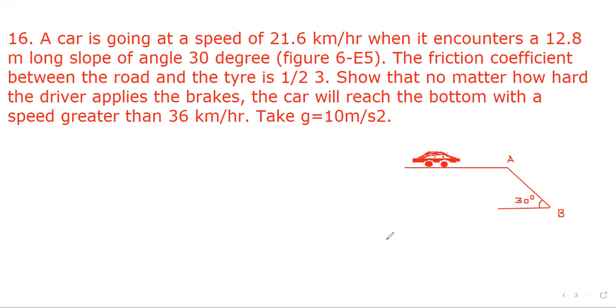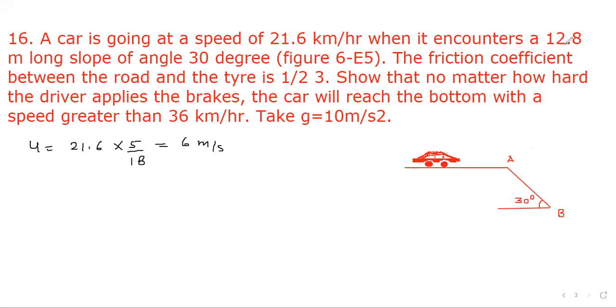The question is, a car is going at a speed of 21.6 kilometers per hour. It means u equal to 21.6 into 5 by 18, that is 6 meter per second.